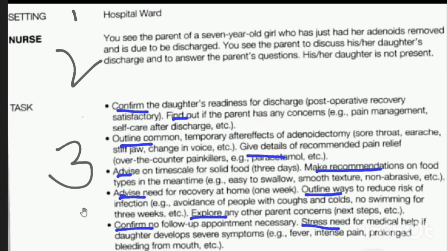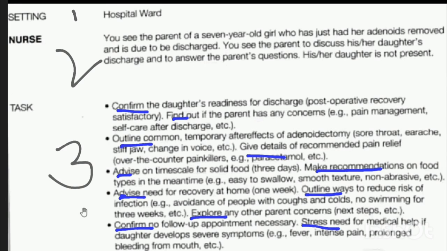So in the second task, we see that we outline common temporary after effects of adenoidectomy, that is sore throat, earache, stiff jaw, change in voice. So for this, we can construct the sentence like this. Firstly, we tell the parents that we acknowledge your concern.